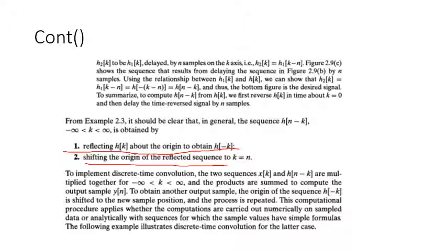If both signals are finite, meaning x of n and h of n are finite, then we have 6 regions. Number 1 is no overlapping, number 2 partial overlapping, number 3 full overlapping, number 5 partial, and number 6 no overlapping. So on the extreme left and extreme right we have no overlapping, on the boundary we have partial, and in the middle we have full overlapping.